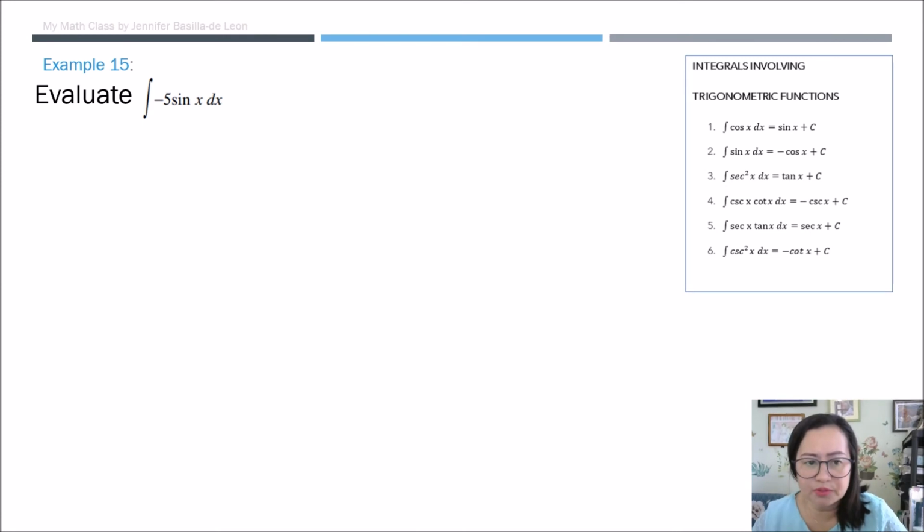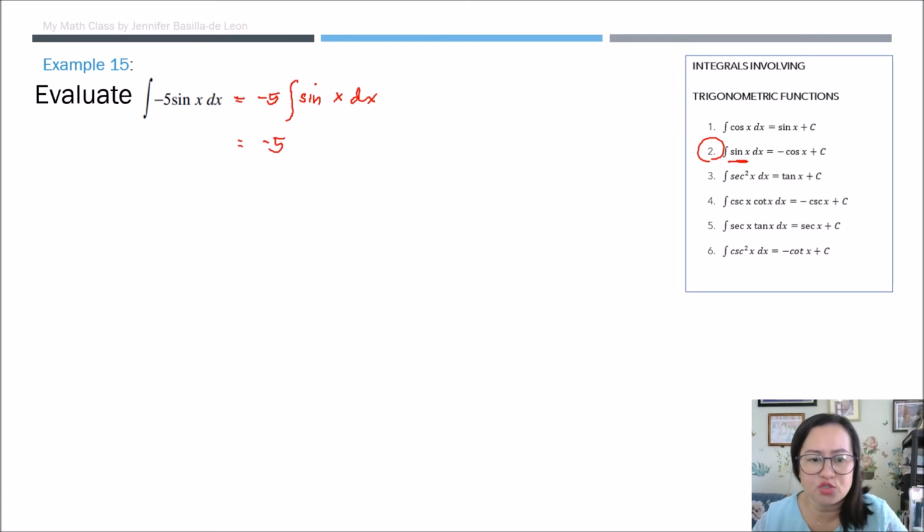Now in example number 15, we can see that the trigonometric function involved is sine x dx. So we shall use rule number 2. Now take note that we can write this as negative 5 times the antiderivative of sine x dx.